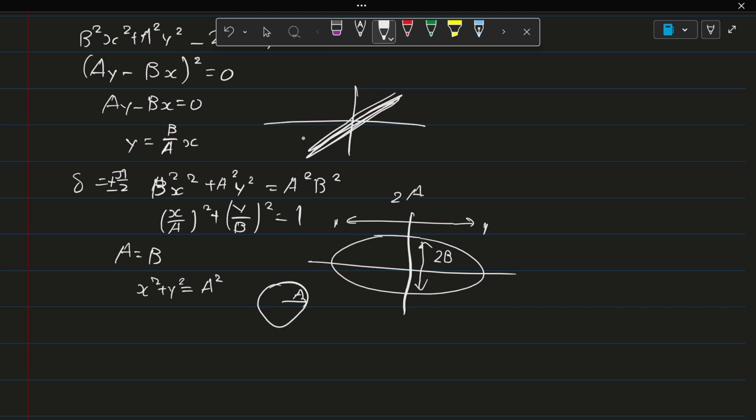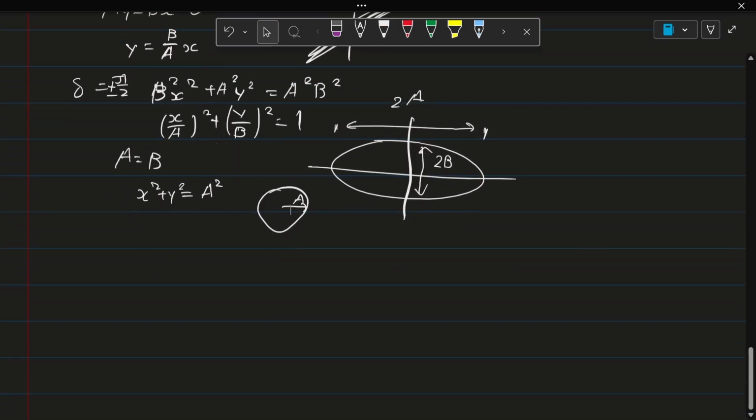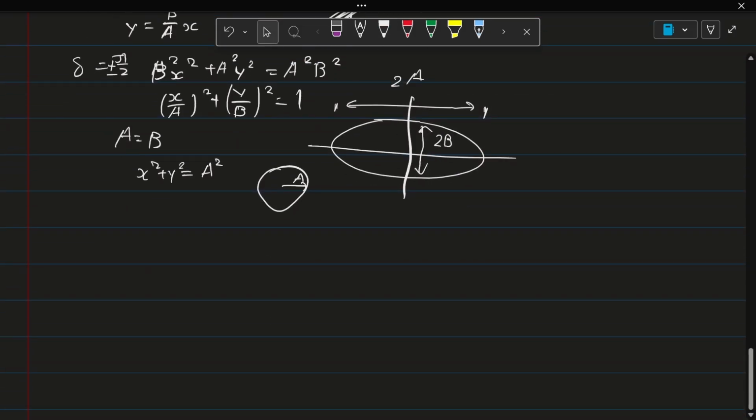But if you have the two springs with different strengths, let's say kx and ky, you wouldn't get such curves, but something else which you call Lissajous curves.